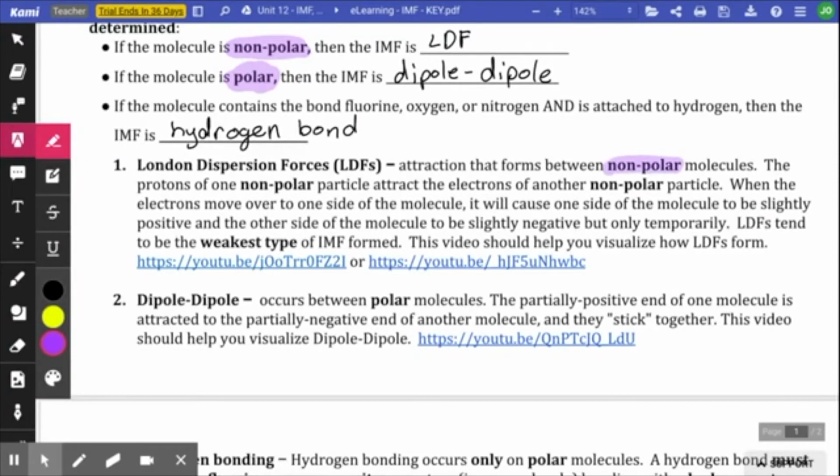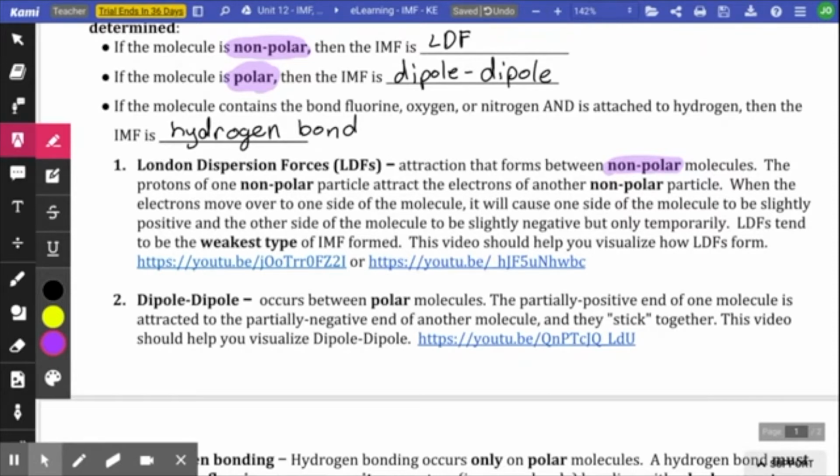I'm going to read through this real quick. The protons of one nonpolar particle attract the electrons of another nonpolar particle. When the electrons move over to one side of the molecule, it will cause that one side of the molecule to be slightly positive and the other side to be slightly negative, but that's only temporary, right?